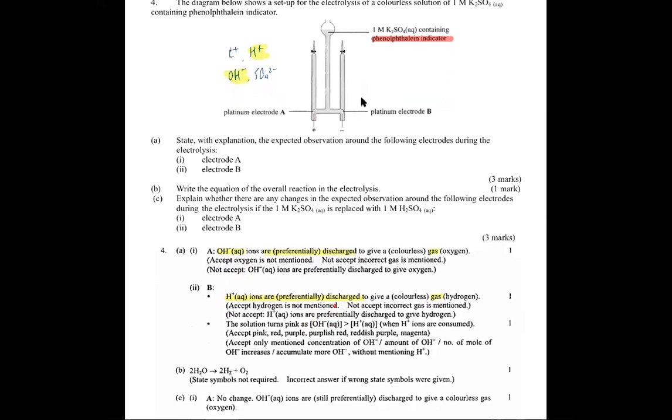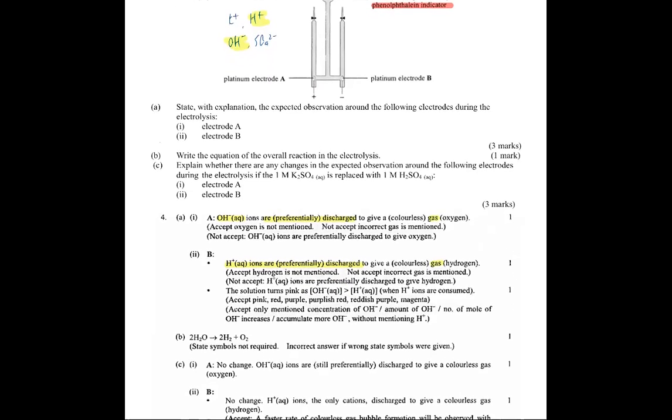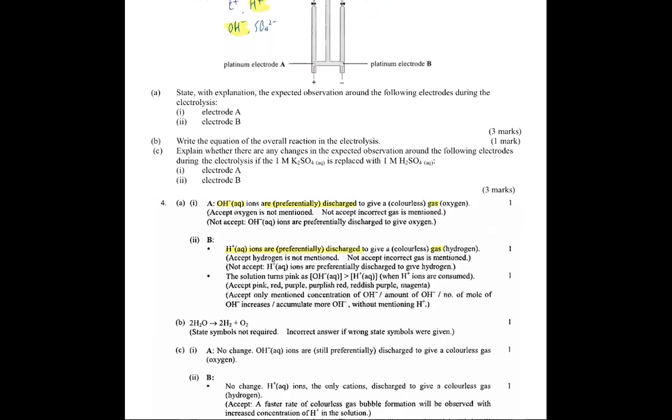So that means the solution near electrode B becomes alkaline because it has more hydroxide ions. And then it will show a pink color. So you need to write 2 observations for electrode B.